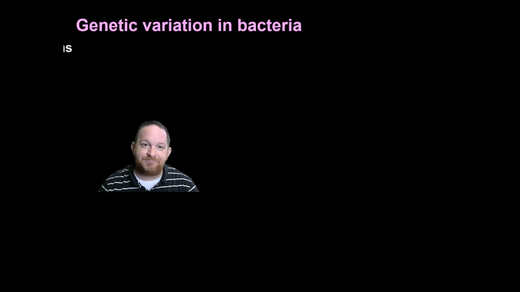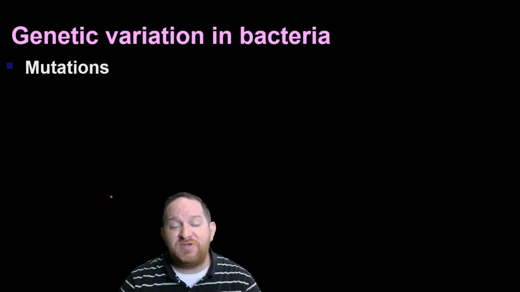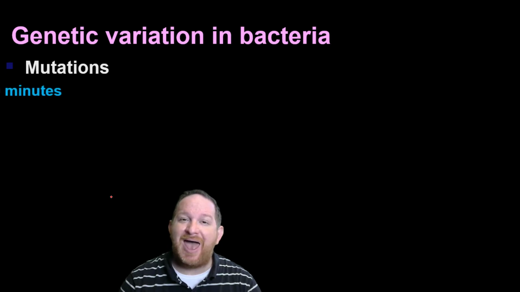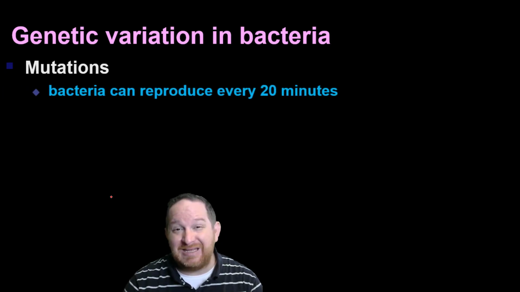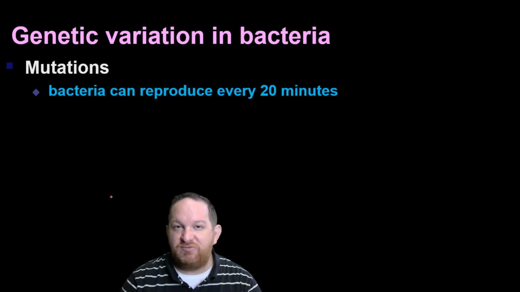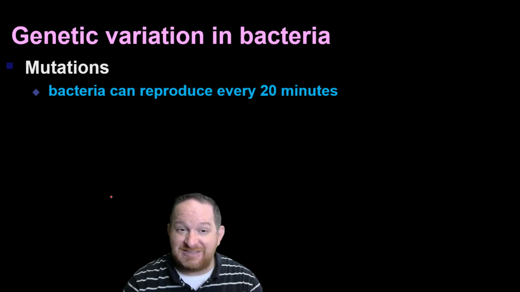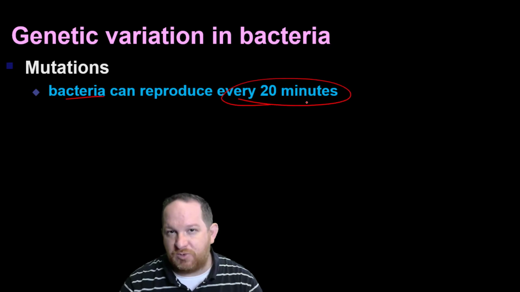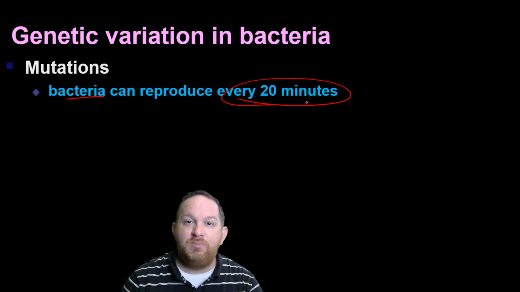So we've talked about different types of bacteria. Now let's think about how they're genetically different. Bacteria have a lot of mutations. Well, that makes sense because a bacteria reproduces every 20 minutes. Imagine if humans were reproducing every 20 minutes. We would be overrun.